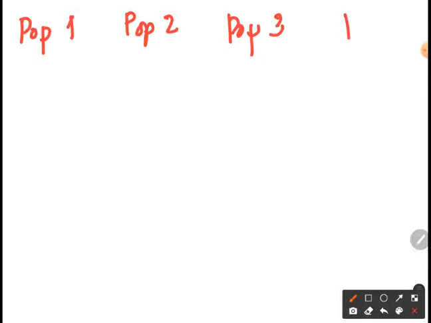And then population 2. And population 3. And population 4.